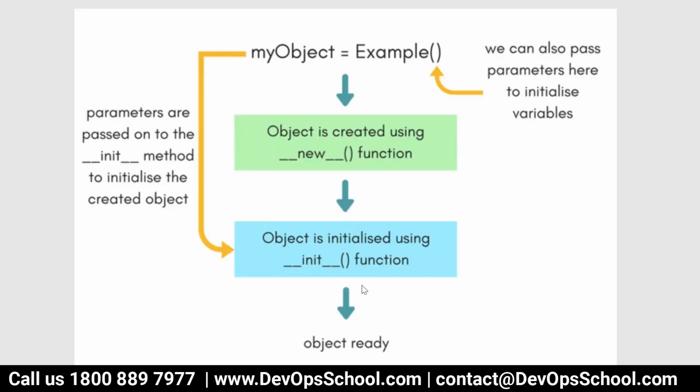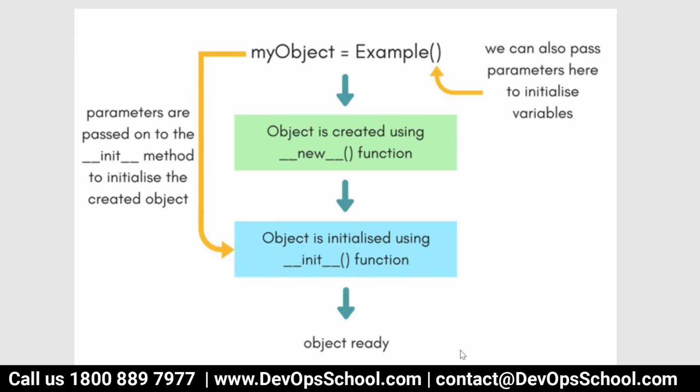Look at this here. This is an example of a class, and how you get an object. My object is equal to the example class, and here is how it is created. You can pass a parameter, though right now it's not passing any parameter to initialize the variable.